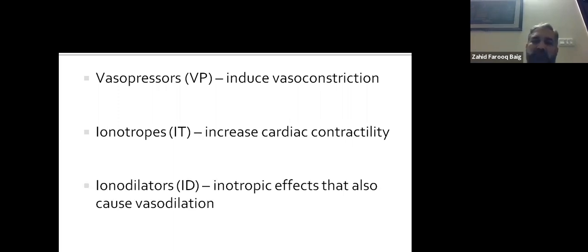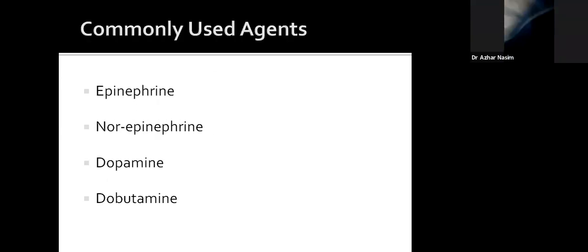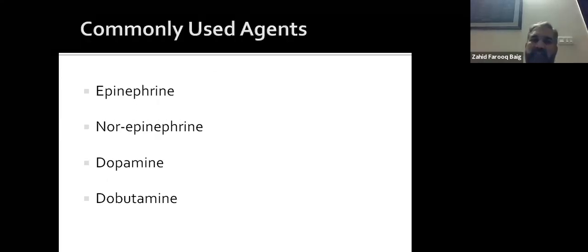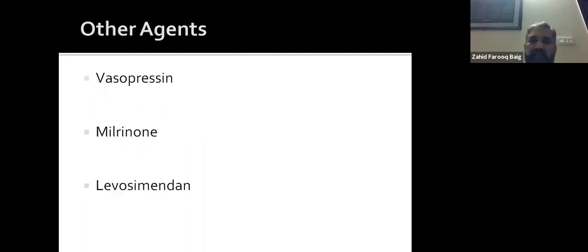These agents have inotropic effects that also cause vasodilatation. The commonly used agents in Pakistan are epinephrine, also known as adrenaline, noradrenaline or norepinephrine, then dopamine and dobutamine. These are the four commonly available agents in Pakistan. The other agents include vasopressin, milrinone, and levosimendan.